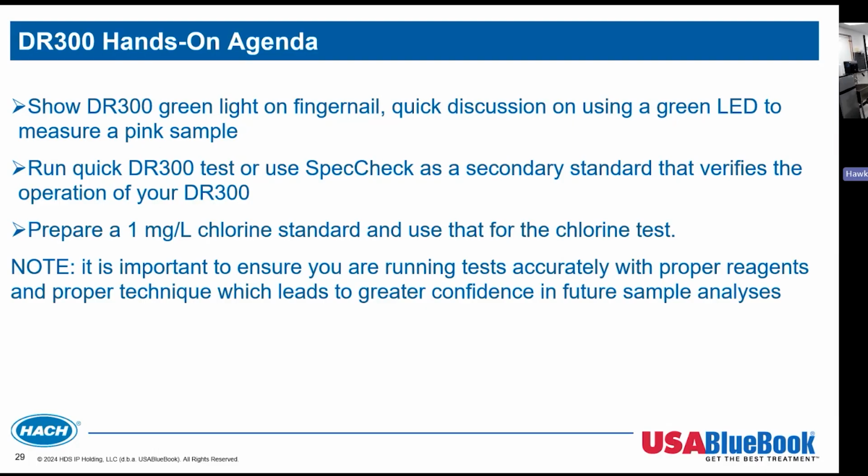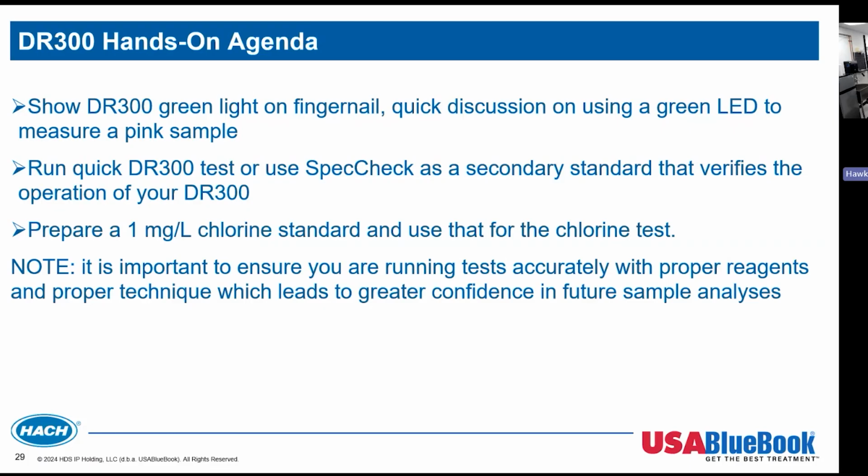But that only verifies the operation of your instruments. If you really wanted to get a full spectrum confidence boost, I would recommend running a 1 milligram per liter standard. To run the standard, the big hurdle is that you would need to purchase some sort of chlorine standard, like the one I have here. And the hurdle here is that it's a very concentrated standard, 62 milligrams per liter. Our range here is only to about 10 milligrams per liter, so you'll have to do some sort of dilution there to get your standard ready.